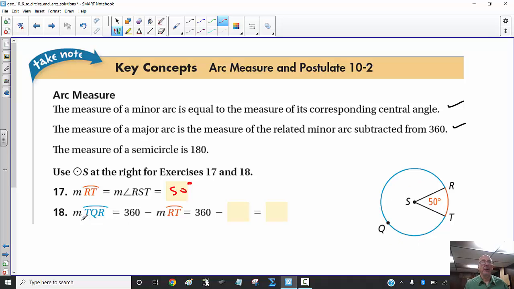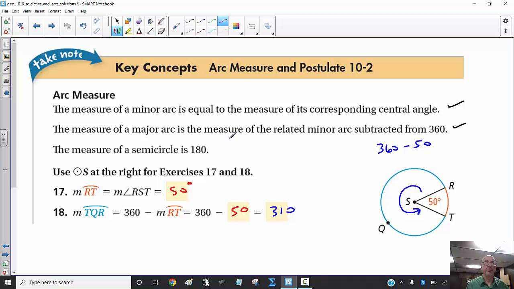Here, the major arc TQR is going to be the longer way around. Well, that's going to be 360 minus the 50, right? So then you get 310 degrees. We're good? I think so.